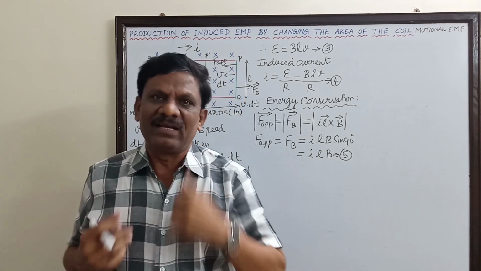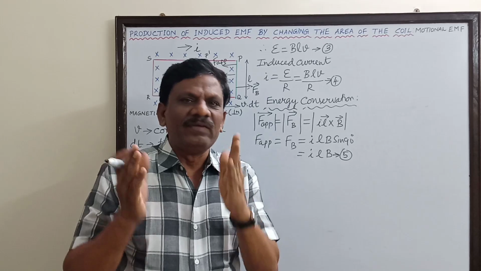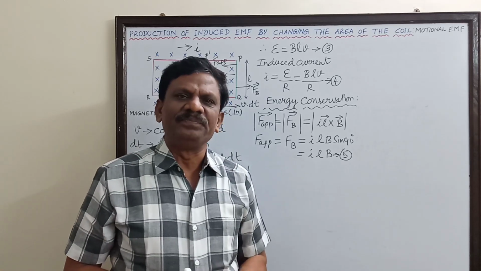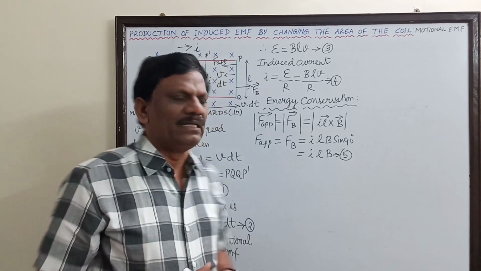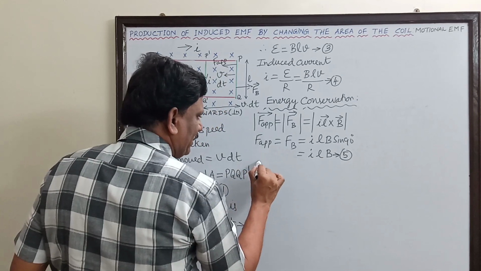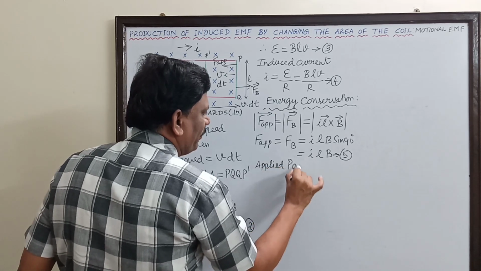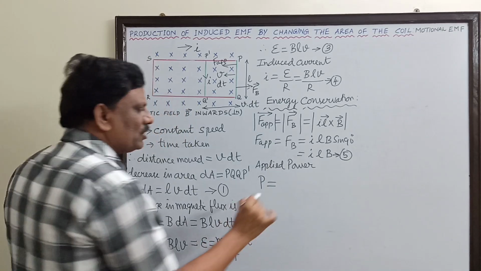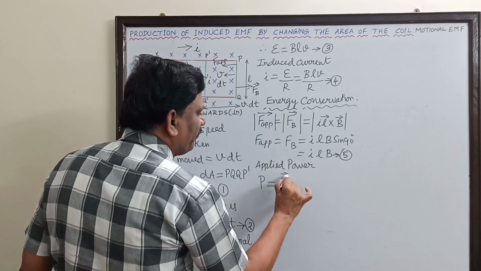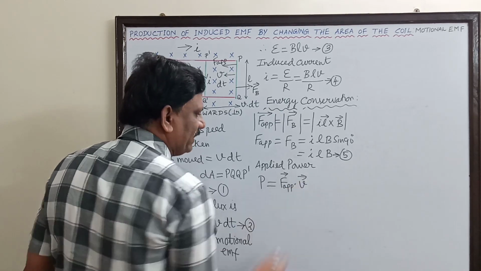Are we doing work or not? We are doing work. And work done divided by time is called what? Energy divided by time, that is called power. Is it not? So I will write applied power. The power applied on the conductor PQ is equal to the dot product of the applied force vector and the velocity vector.